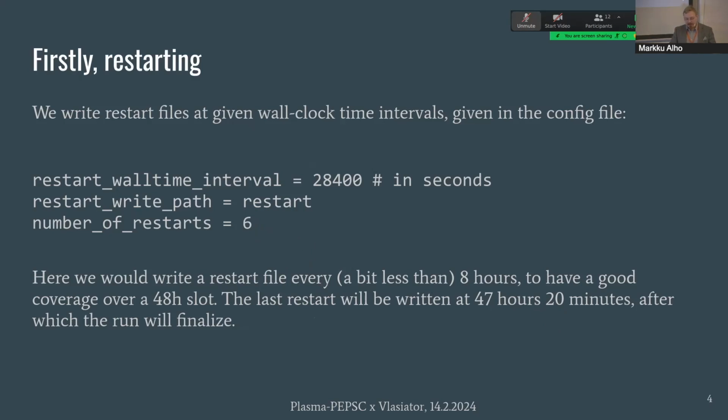So we have a bit of a safety margin here in case there is some hiccup in the file system, like if the write takes a couple of 20 minutes or something instead of the 90 seconds, I guess, that it was at this point in the production when we were writing the restart file. But it may happen that there are some hiccups in the file system or the network on the computer, so we want to have a bit of a margin for error there.